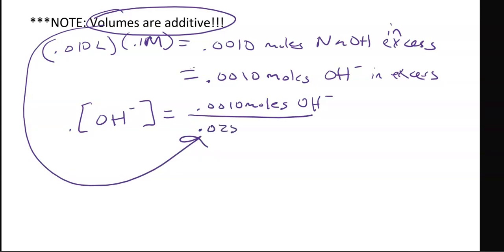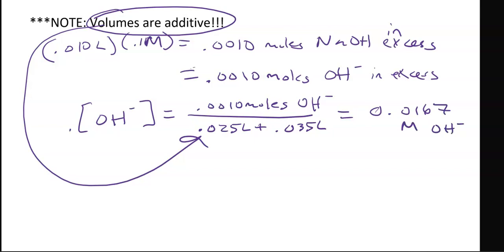I had 25 milliliters or 0.025 liters of acid, and then I've dumped in 35 milliliters, which is the same as 0.035 liters. So that's a total of 0.060 liters if you're tracking that. Do that in your calculator, save yourself some pain and suffering, and you get 0.0167. That's your molarity of your hydroxide ion. If you can get to this point, you can just slide on home.